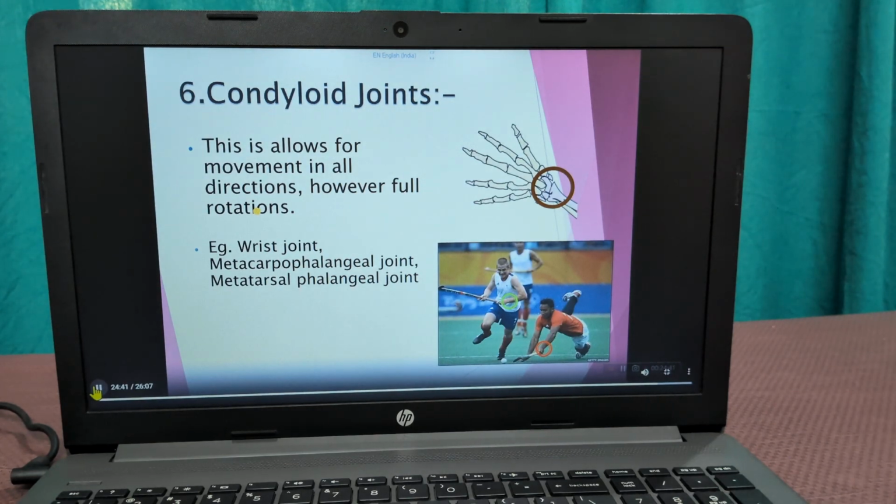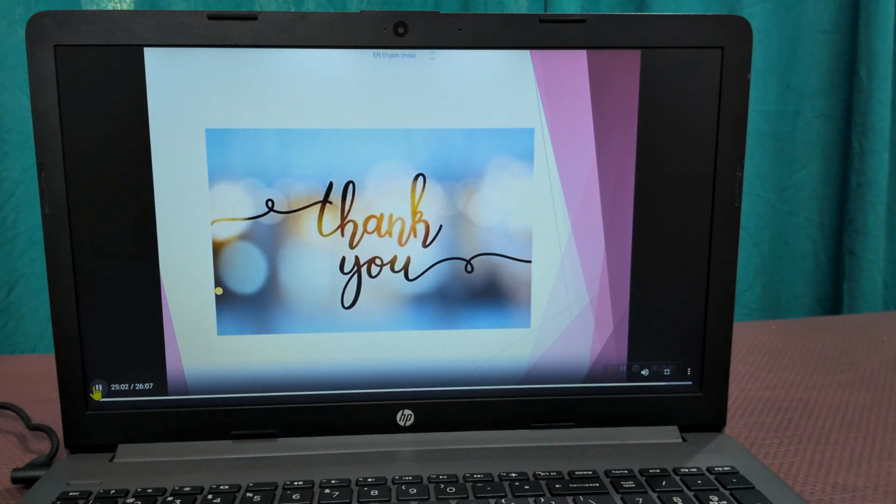But the condylar joint allows full movement. You can rotate your wrist in all directions. They are present in the wrists, in the metacarpophalangeal joints and the metatarsophalangeal joints. It means they are also present in the legs. So that is about the condylar joints.